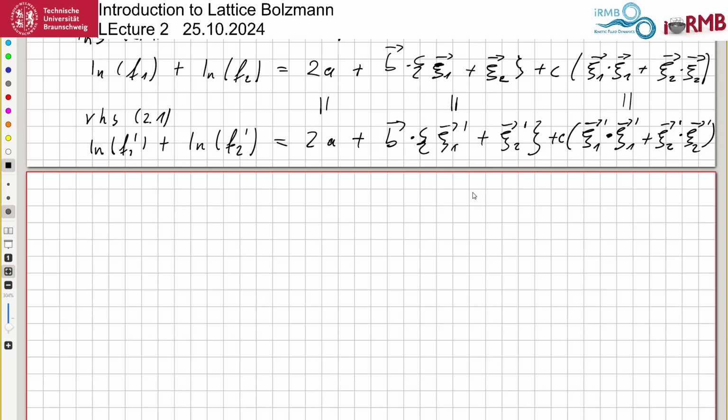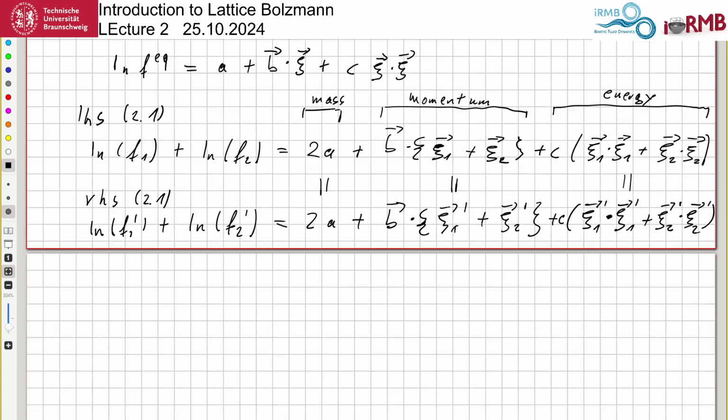So now we've written down the logarithm of the equilibrium function, which means the equilibrium function can now be written like this.